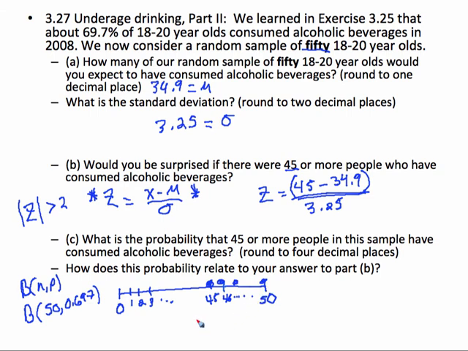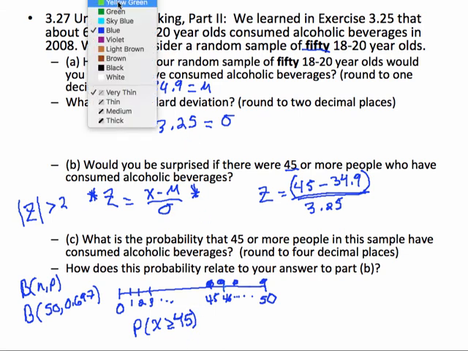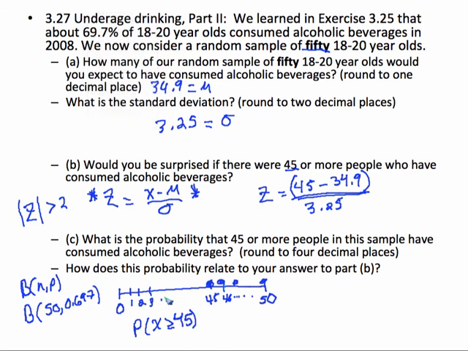So we want to know that. So what is the probability that X is greater than or equal to 45? That's the question, okay? Now remember, we've talked about this before. It's a little tricky, but it's not horrible. What I need to do is I need to get these green probabilities also, okay? So all these here, all right?